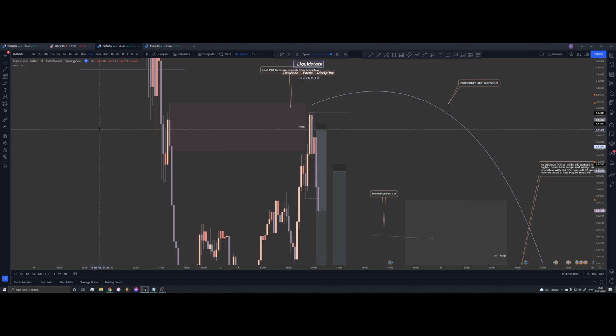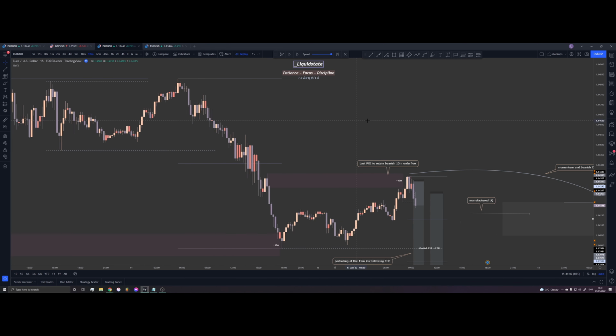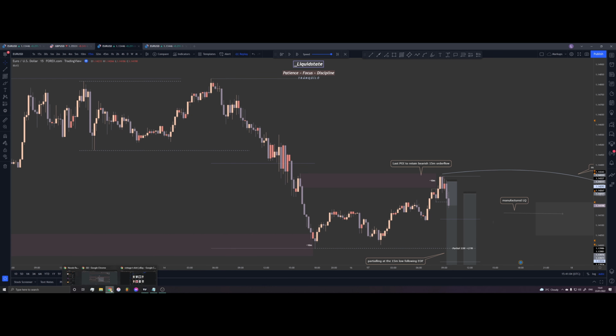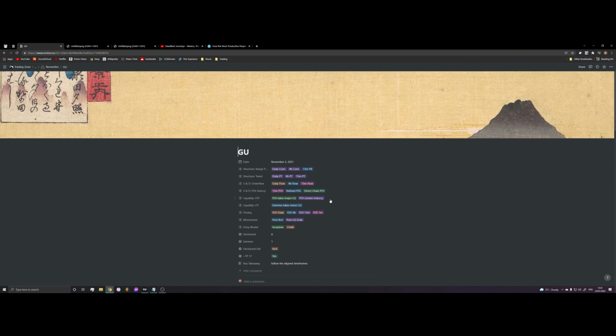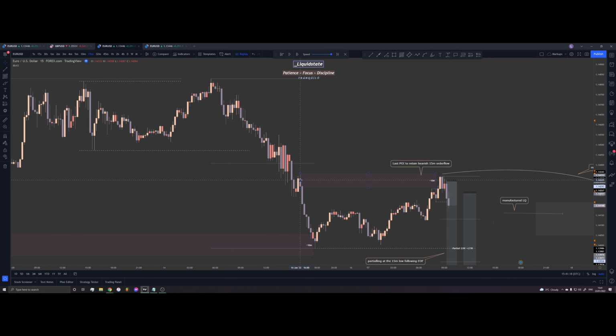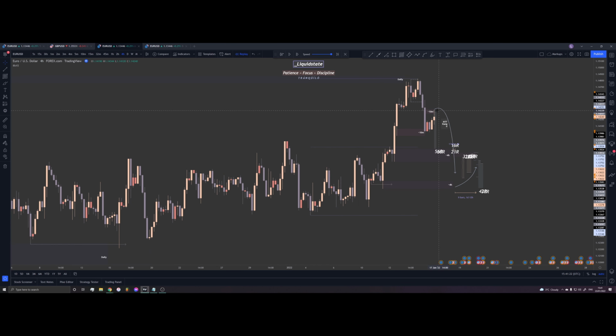Next up, you'd be looking at POI selection and confluences. So this is a 15M POI, it's not a 4 hour or anything. I don't think it's visible on the 4 hour at least.